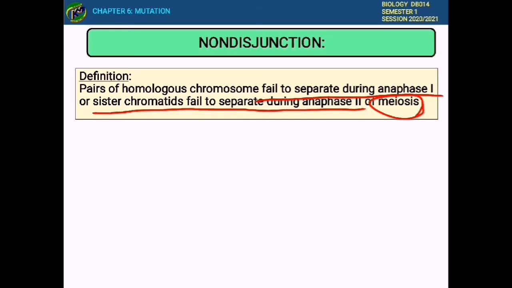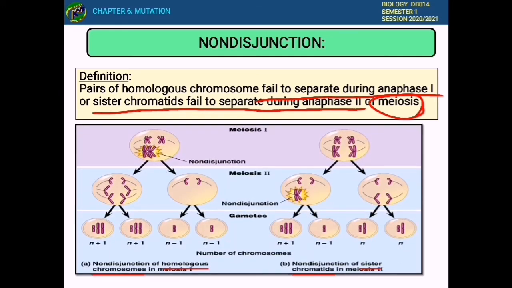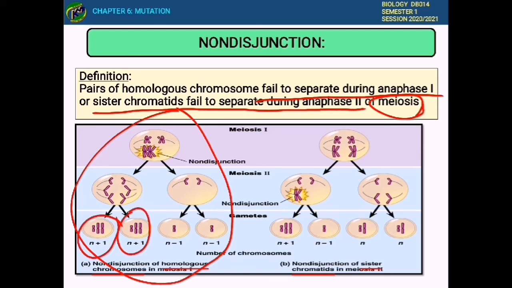Alright, so let's look at this picture. Here we have non-disjunction during meiosis 1. For this diagram, this occurs during meiosis 1. So non-disjunction occurs, and the gamete is formed with one extra chromosome here, and this one with loss of one chromosome.